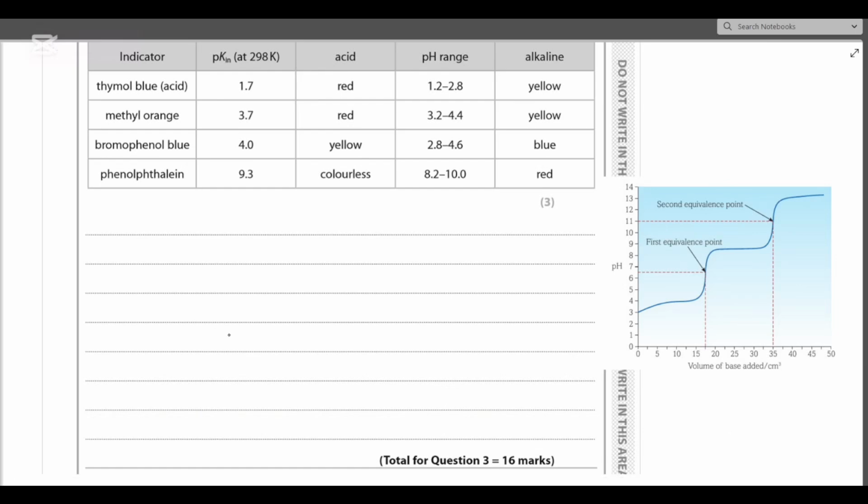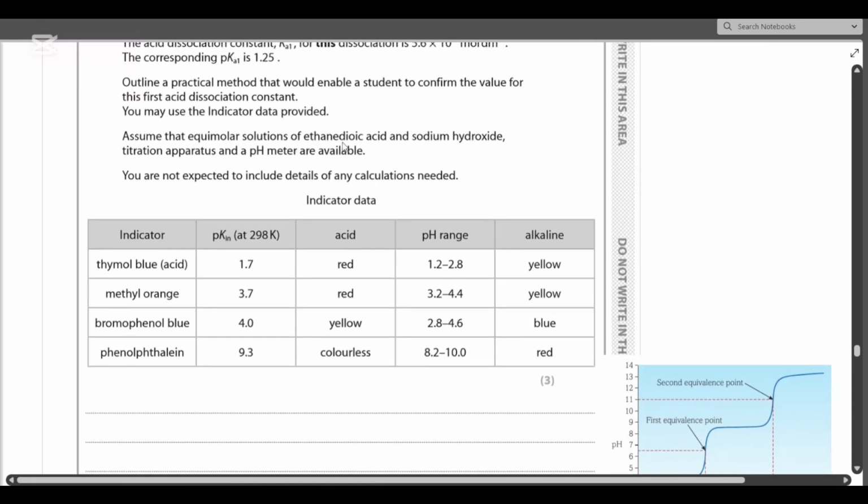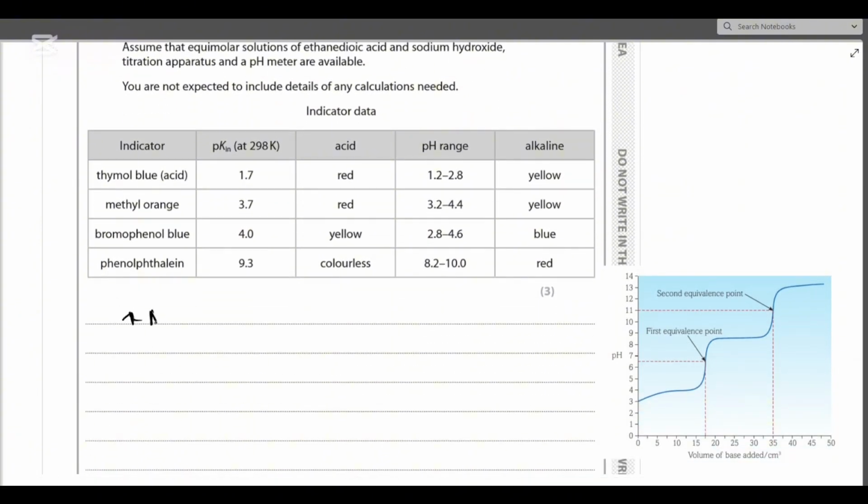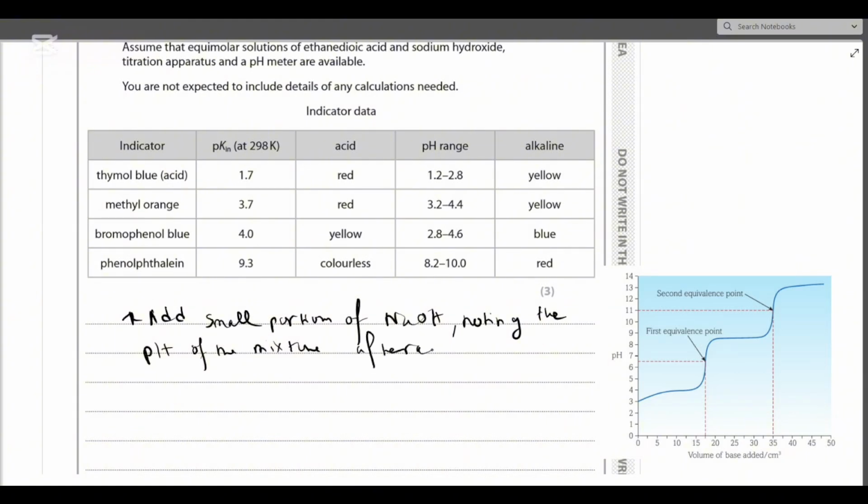So a practical option is to use equimolar solutions of ethanedioic acid and sodium hydroxide and perform a titration. In the titration, the first step is that we add small portions of sodium hydroxide, and while adding small portions, we note the pH of the solution, or of the mixture, after each addition.